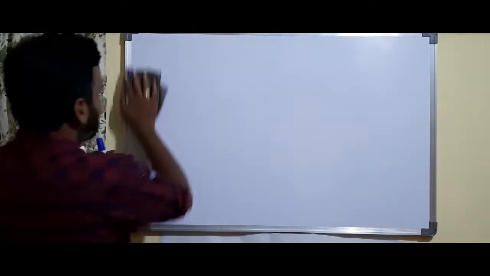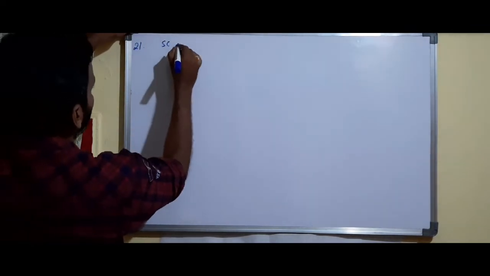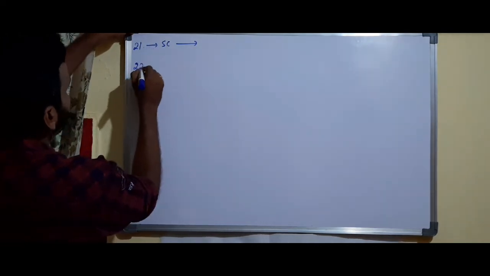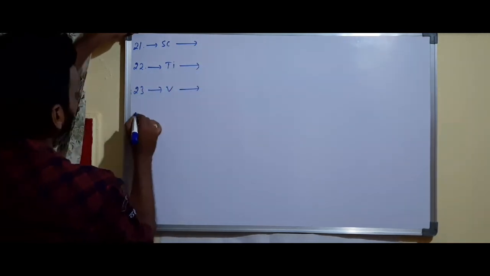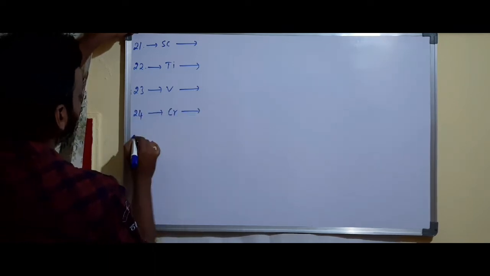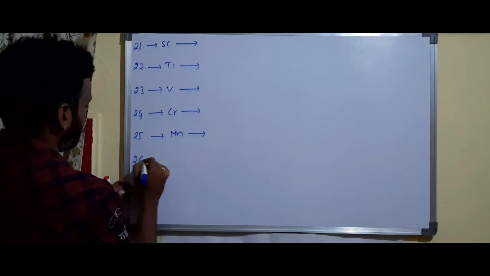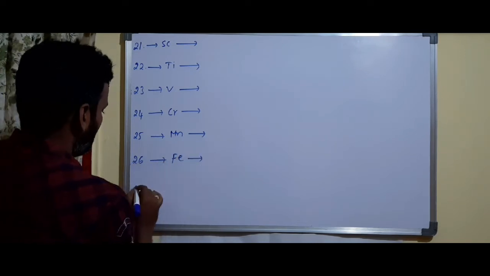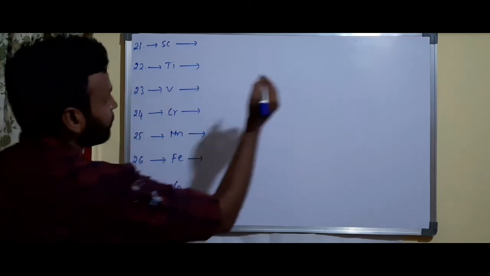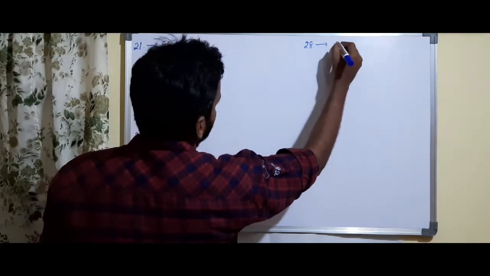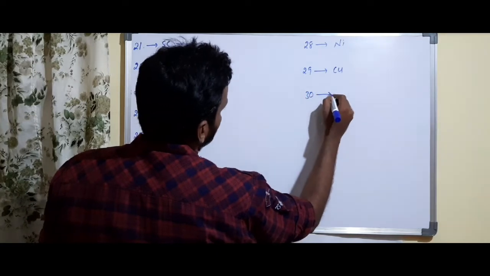What are the electronic configurations from 21? 21 is scandium, 22 is titanium, 23 is vanadium, 24 is chromium, 25 is manganese, 26 is iron, 27 is cobalt, 28 is nickel, 29 is copper, and 30 is zinc.